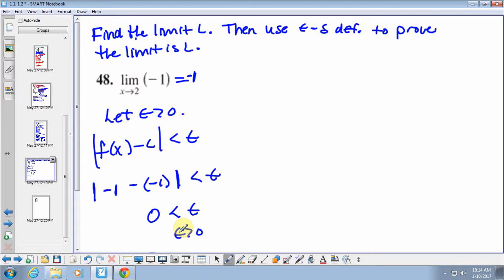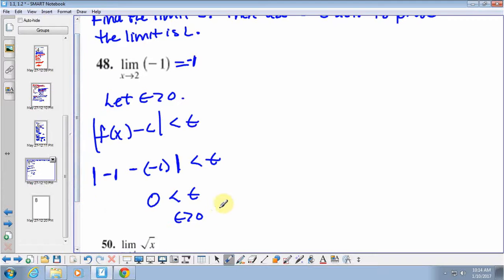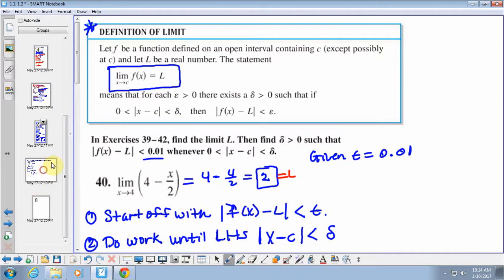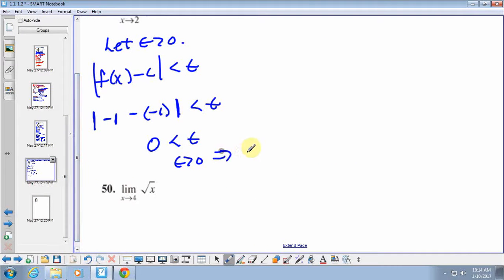This can be confusing, but it's really an easier problem. What this means is that on the left-hand side, everything went away. You got epsilon bigger than 0. So any delta bigger than 0 will work, because there is no x minus whatever.